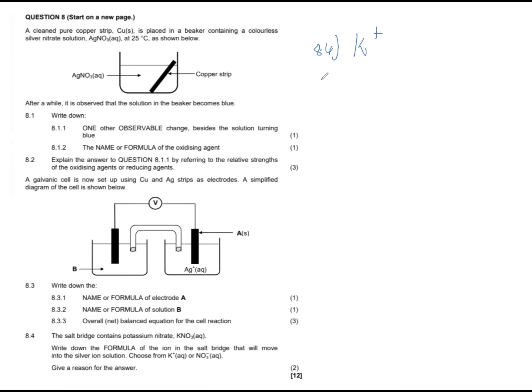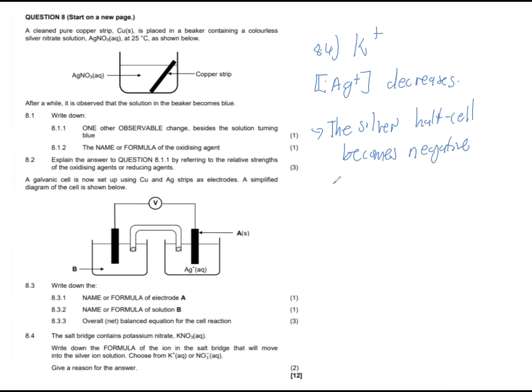And then we're going to say the concentration of the Ag+ actually decreases, right? And that means the silver half-cell becomes negative and therefore will attract a positive ion, right?